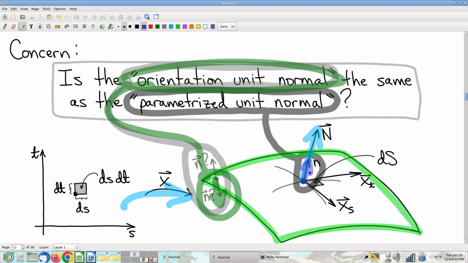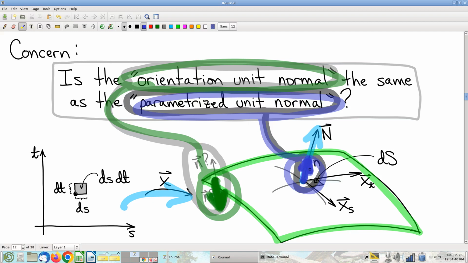This is what we're going to call the parametrized unit normal. In fact, we've previously discussed the parametrized normal vector. This is just the unit vector pointing in that direction. So, now you see by the example that I have illustrated here, it is not given, and in fact, half the time it is not true, that the orientation unit normal and the parametrized unit normal would point in the same direction.